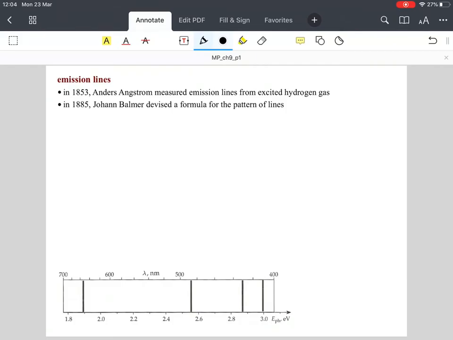And starting already in 1885, Johann Balmer came up with a formula that was not based on any physical arguments. It wasn't really a model. It just worked for the data.